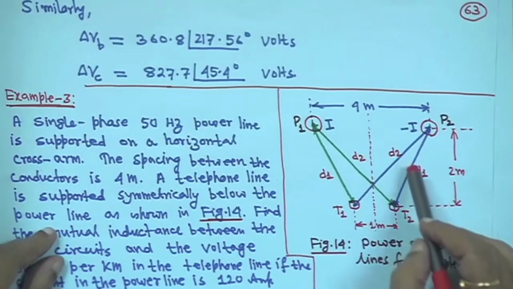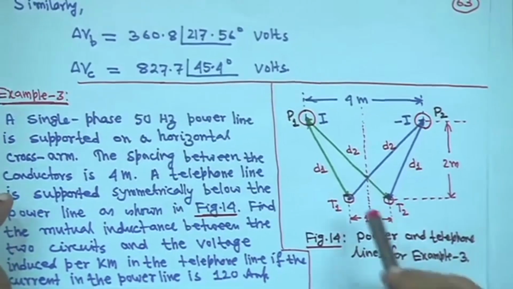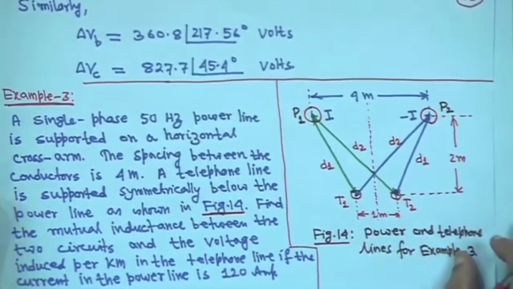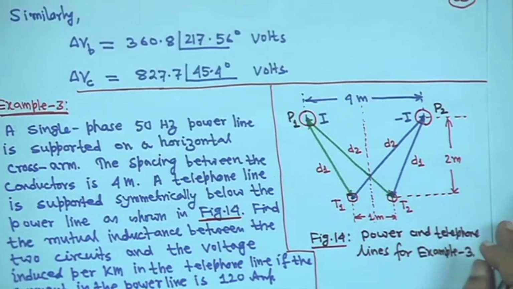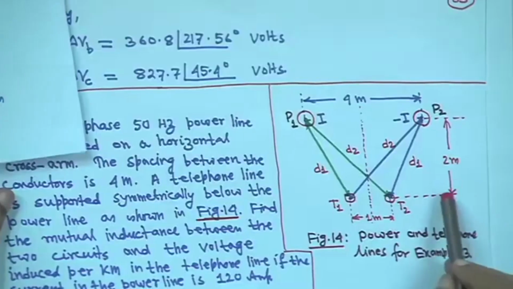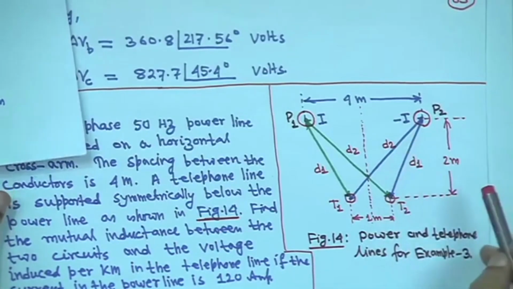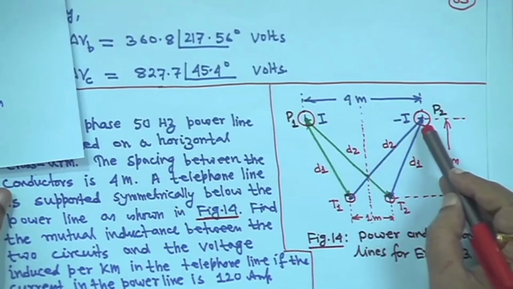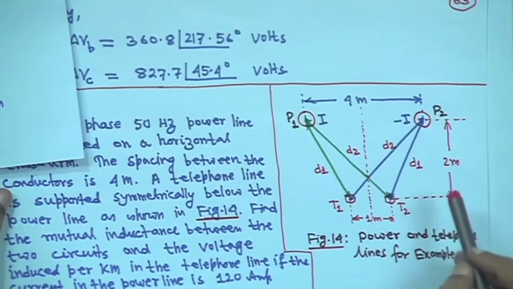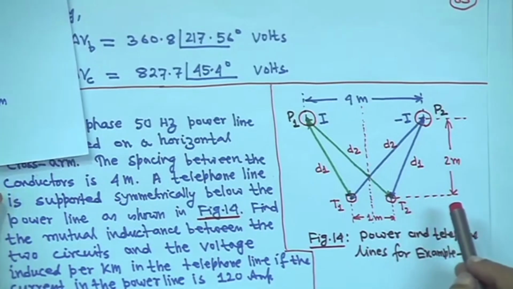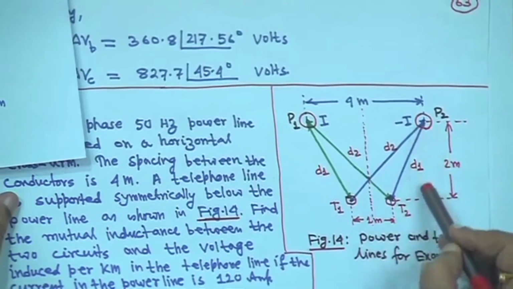But now you have to find out D1 and D2, first you find out. So, for the power and telephone lines in the example, you have to find out the voltage induced in the telephone lines, right. So, first thing is D1, you have to find out what your distance D1 is, right. So, this is 2 meter, and this height, this vertical line you will draw, is 2 meter.